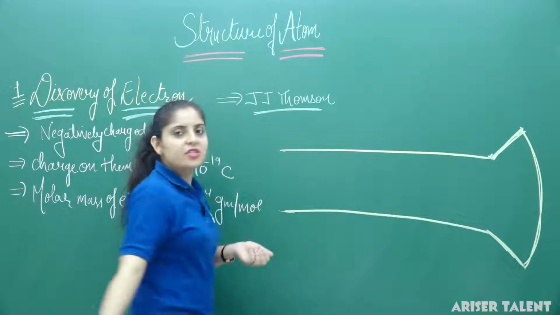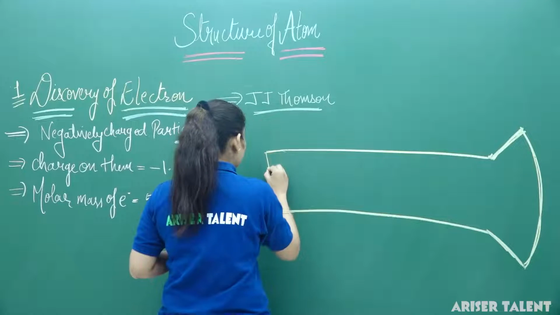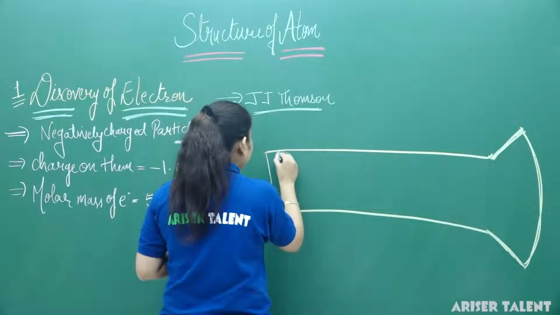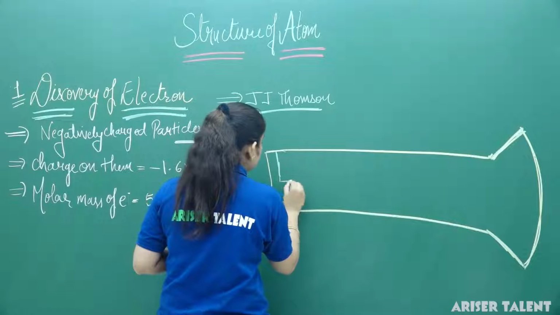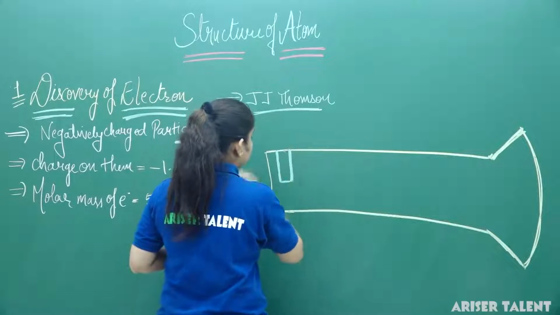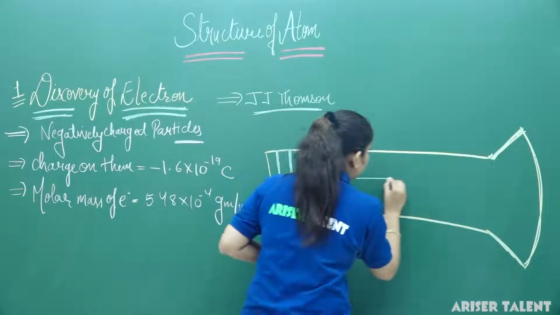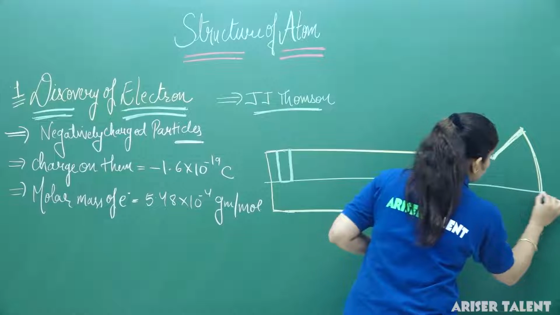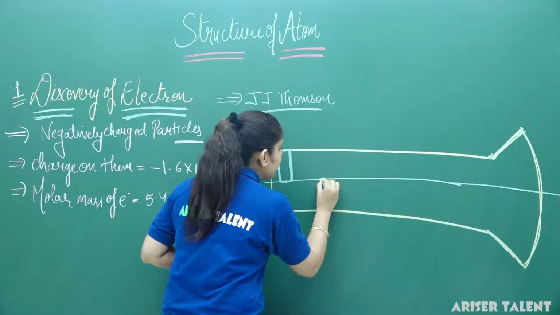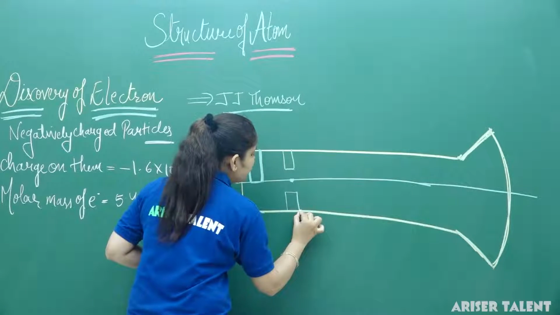In this electric discharge tube, he has taken a cathode. So, the first thing taken by him is the cathode. Now, after this, between the fine hole at the center, the anodes are taken. This is the part which is the anode.